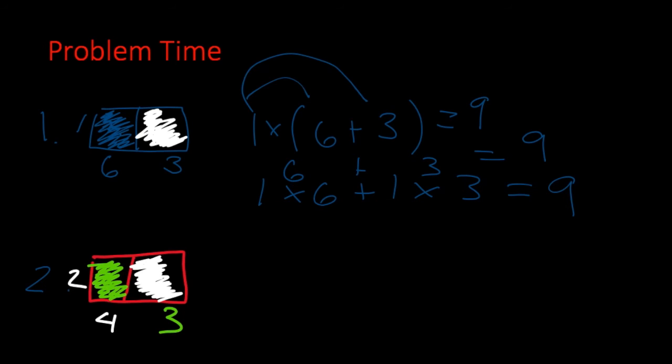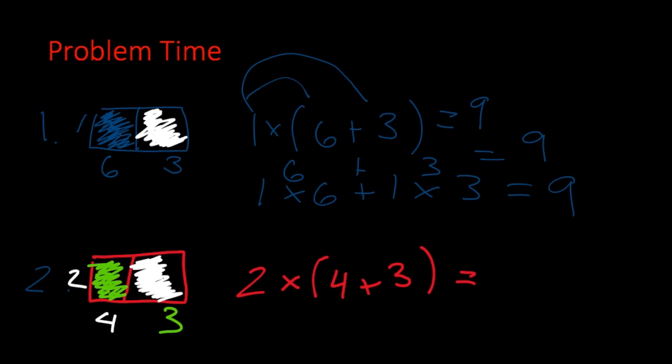Now let's do our next problem. Get a different color. So we're going to do 2 times, sorry, I said times, but I wrote addition. I put 2 times parentheses 4 plus 3.